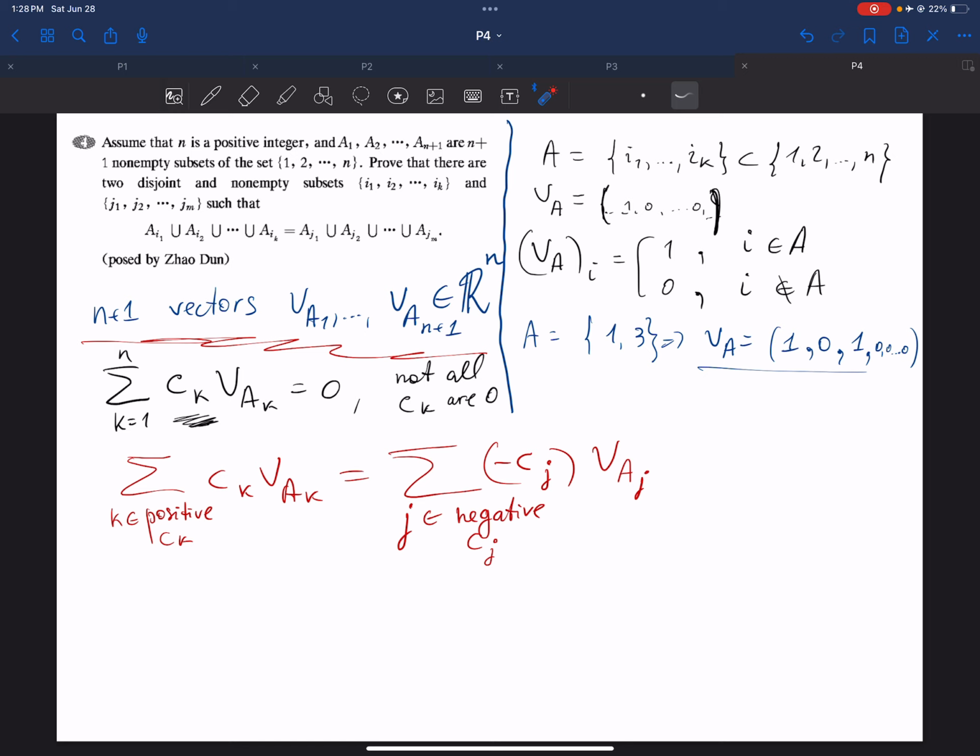In order for the left and right side to match, they need to be the same vectors, so they need to have the same non-zero entries. What it means is that whenever number p from this collection appears among these sets on the left, it also appears on the right, and vice versa.